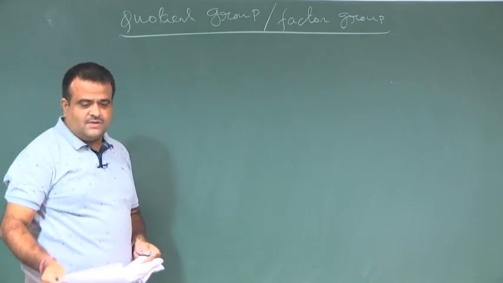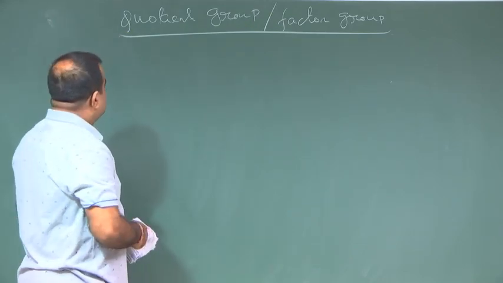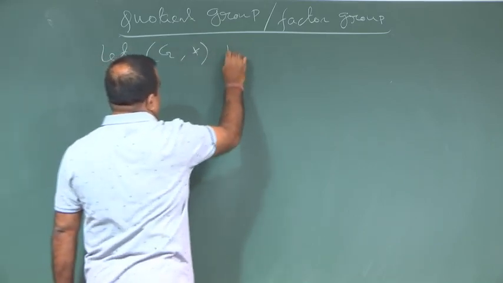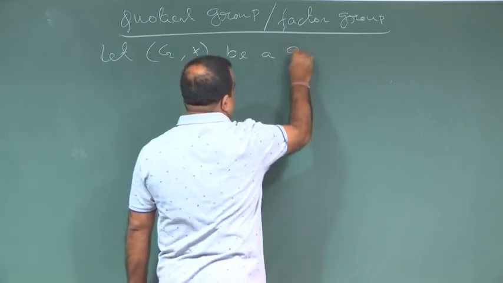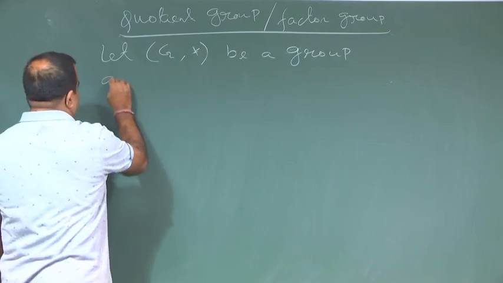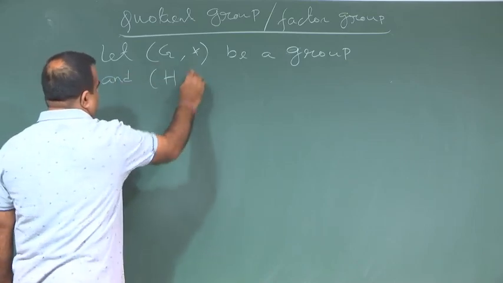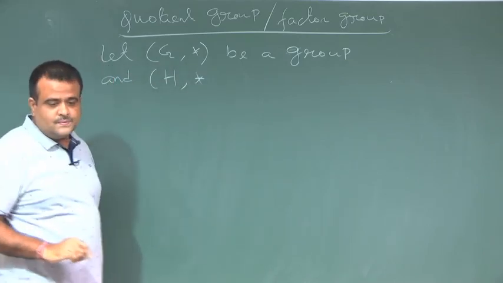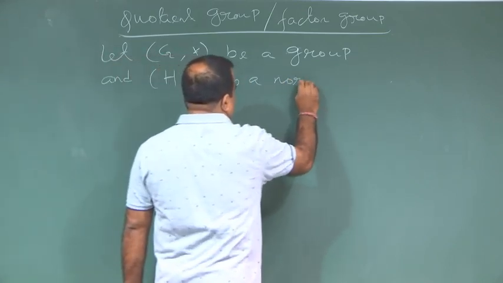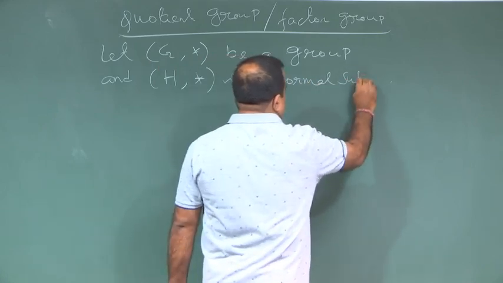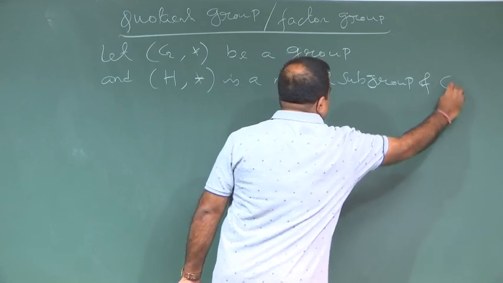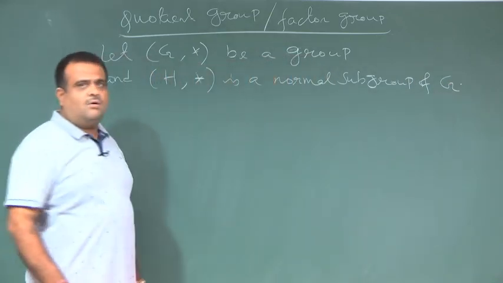Okay. Now, what is the definition? Suppose G is a group, and H is a normal subgroup of G. Then we consider all the cosets.